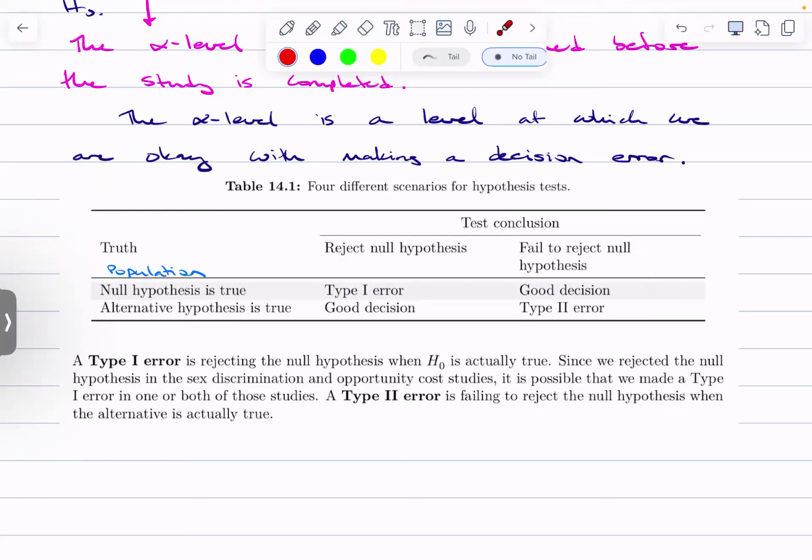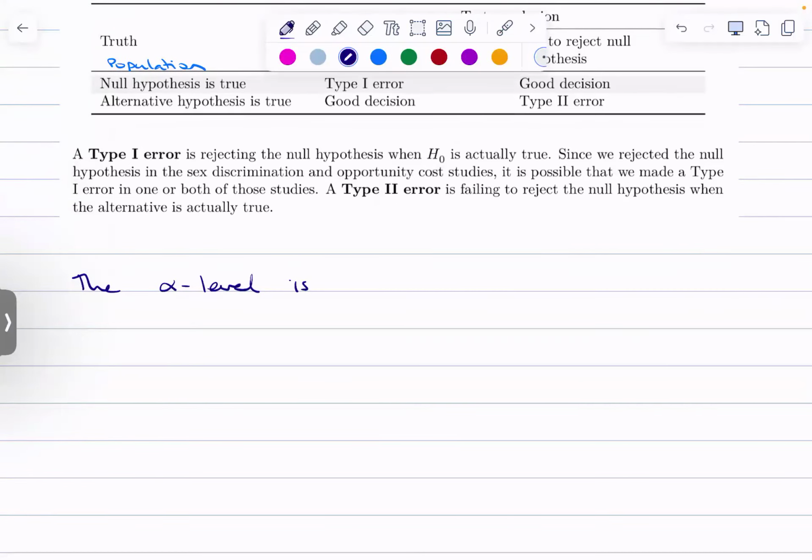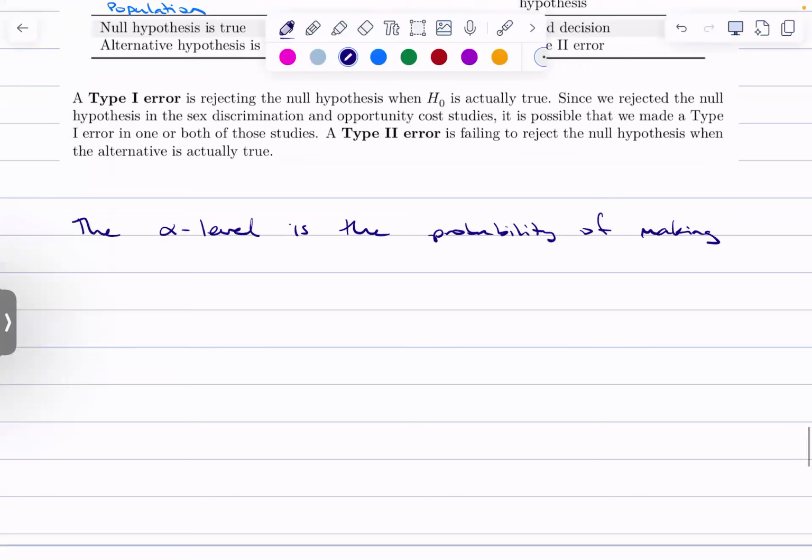And so the alpha level is the probability of making a type 1 error.